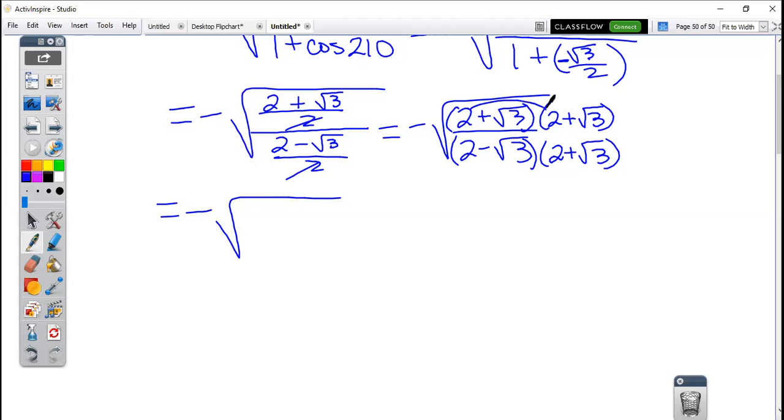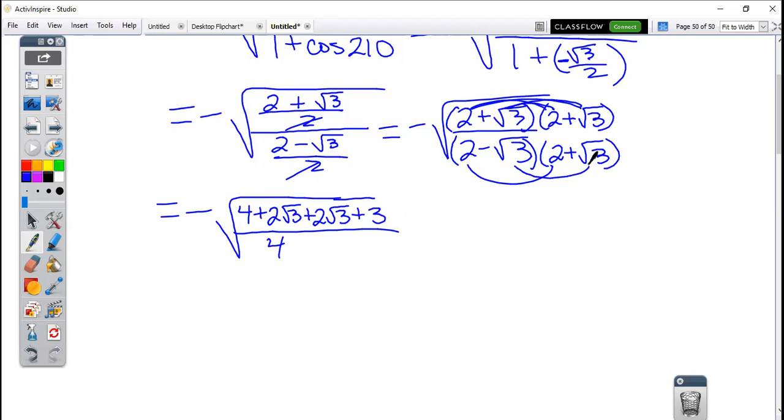So 2 times 2 is what? 4 plus 2 times square root of 3, 2 square root of 3. Square root of 3 times 2 would also be 2 square root of 3. And then square root of 3 times square root of 3 is 3. Divided by, on the bottom, we got 2 times 2. 2 times 2 is what? 4.